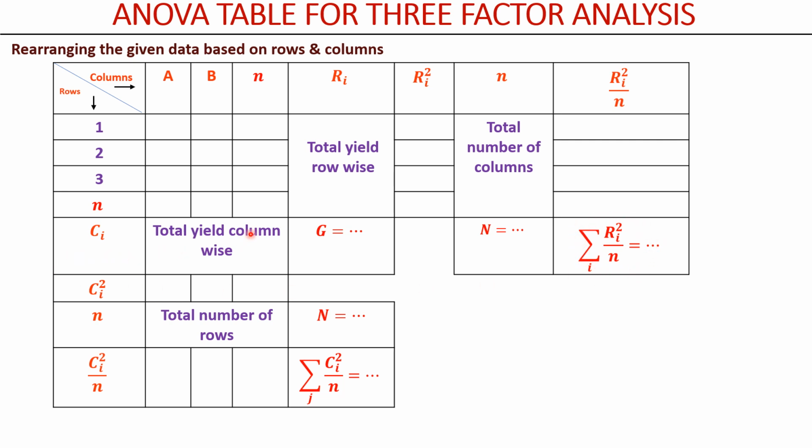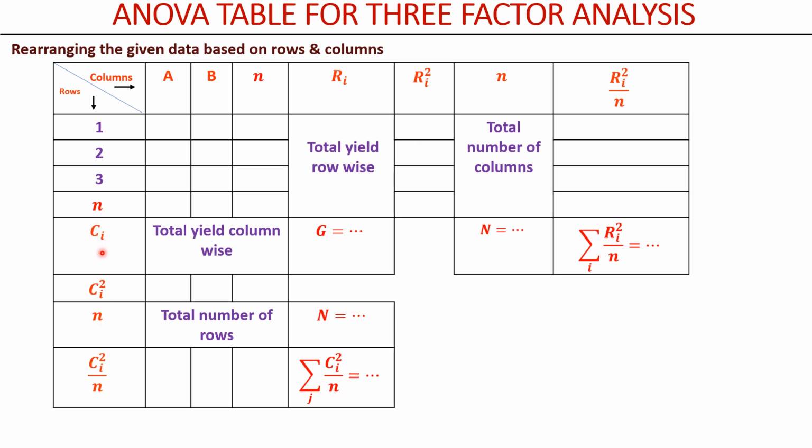Similarly, Ci is the total yield column wise. When I take the total yield row wise or column wise, what I get is a grand total, which is G. The same notation has been followed even in the earlier designs. Then I square the column totals. N is the number of rows that I have for every column. Earlier we had k, t and r, if you remember, for the treatments.